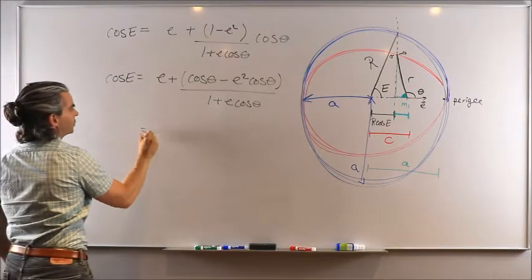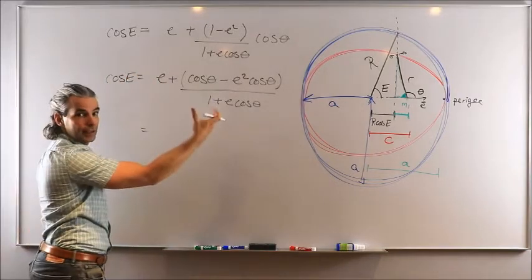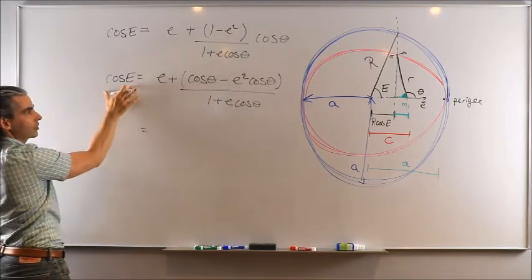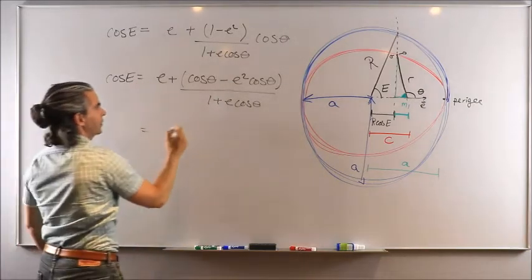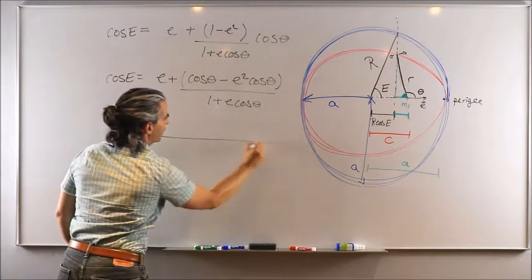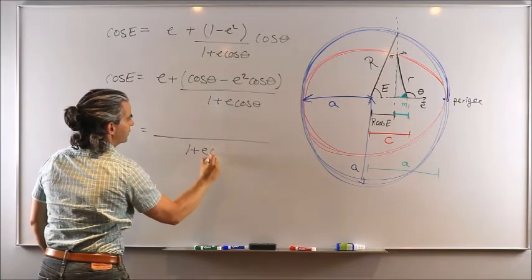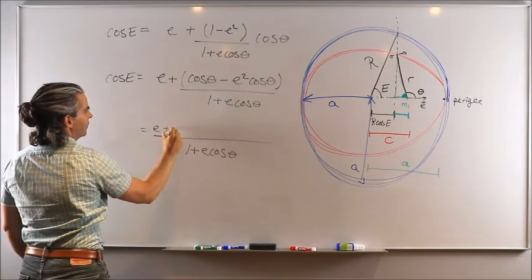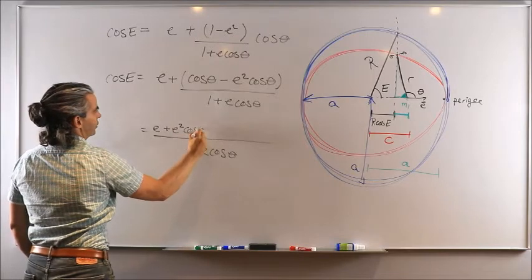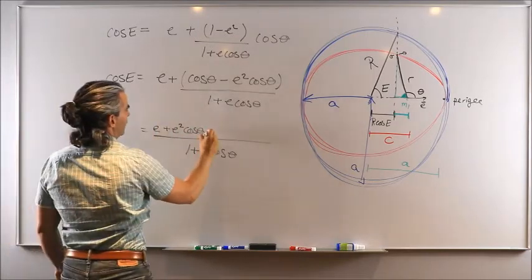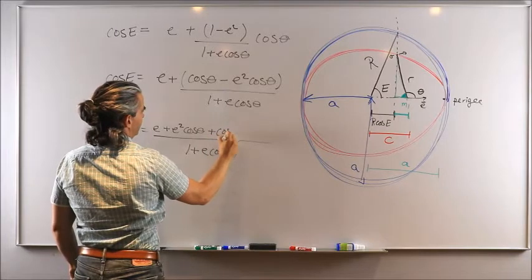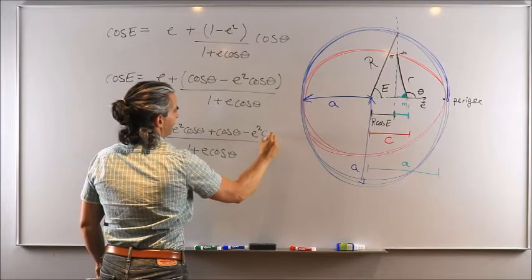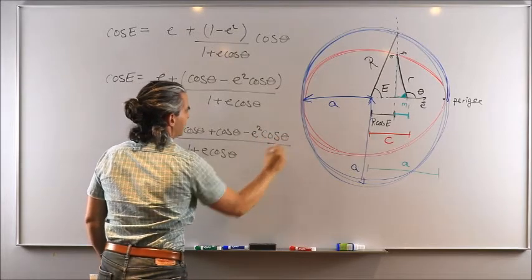So all I'm doing here essentially is playing with the right-hand side of that equation to give us a nice and neat relationship for cos of the eccentric anomaly. Next up, I'm going to put everything onto the same denominator. So 1 plus E cos theta, which will become E plus E squared cos theta for this, plus cos theta minus E squared cos theta.